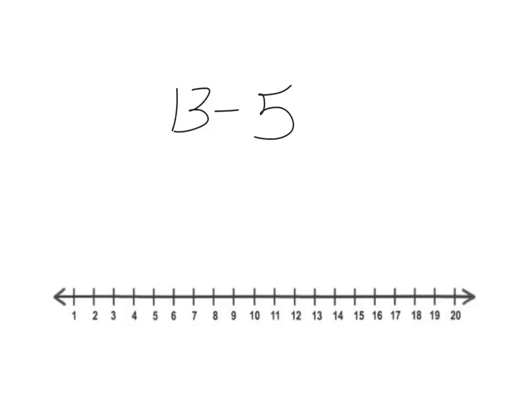Well, if I know that 13 is my starting point and I want to get back to 10, that's 3. So I need to jump back 2 more spots. That gets me to 8. So 13 minus 5 is 8. So our first step is to get to 10. Once we've gotten to 10, we need to figure out how many jumps that is and add it on.